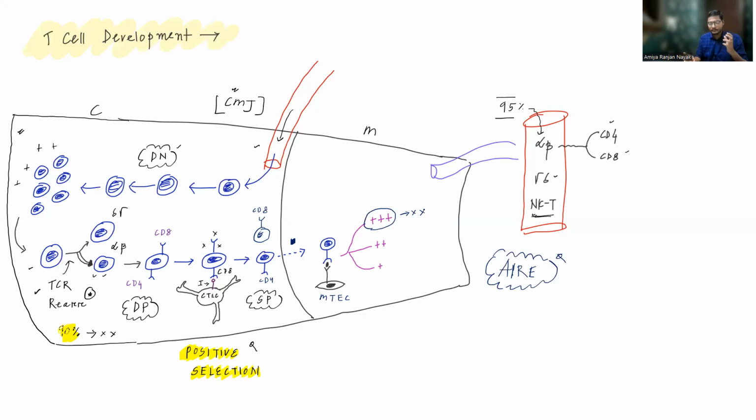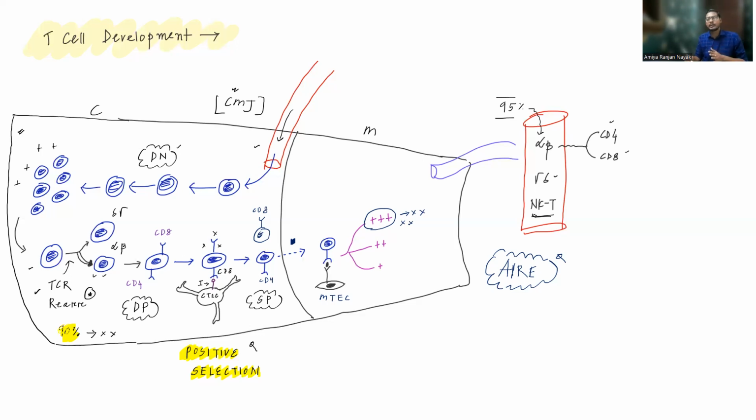So if these single positive T lymphocytes have a strong interaction with the antigens produced by the medullary thymic epithelial cells, these T cells have to undergo apoptosis. If they produce strong interaction, there will be apoptosis of these T lymphocytes, because they are detrimental for us.